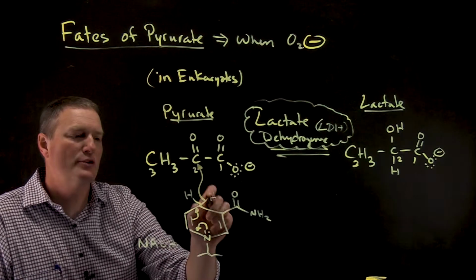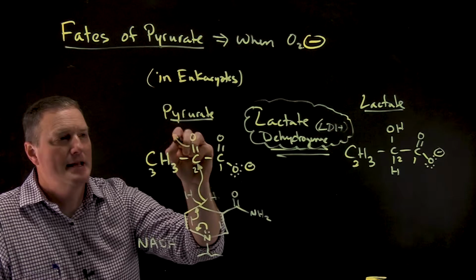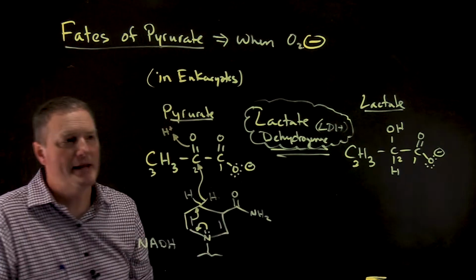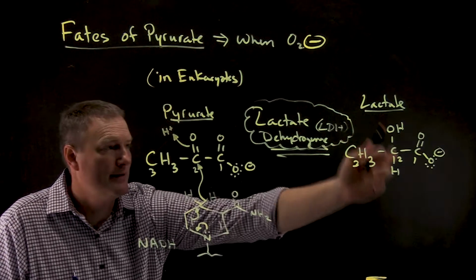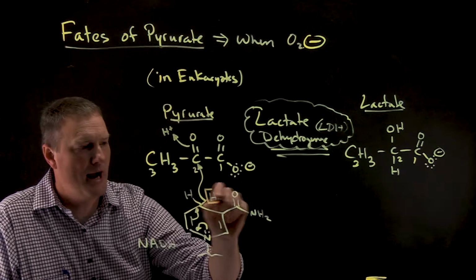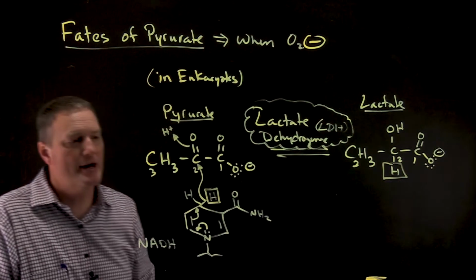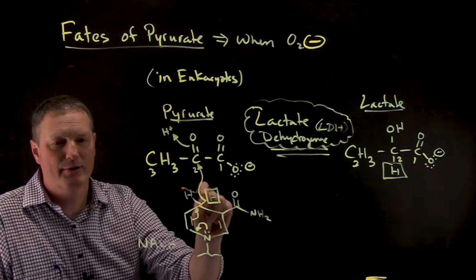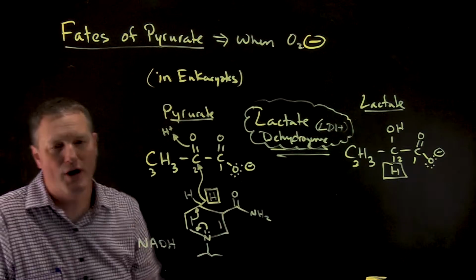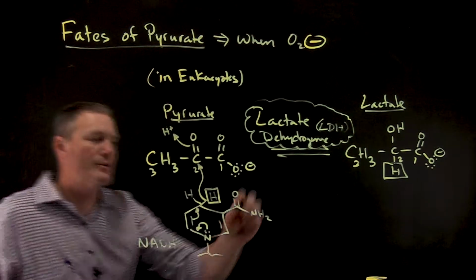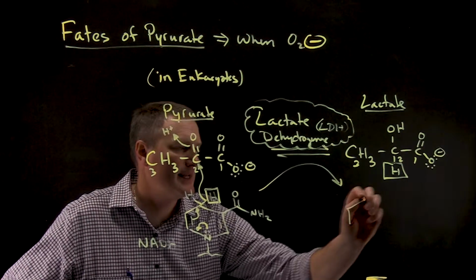Okay, so that hydrogen with its 2 electrons will now react at the carbonyl carbon, and this will pick up a proton from the enzyme, resulting now in the formation of this secondary alcohol. So let me just put a box around that hydrogen and that hydrogen there. So the NADH is literally transferring its hydride, hydrogen with 2 electrons, onto the carbonyl carbon. And the resulting compound that's formed, NADH, is converted into NAD+.